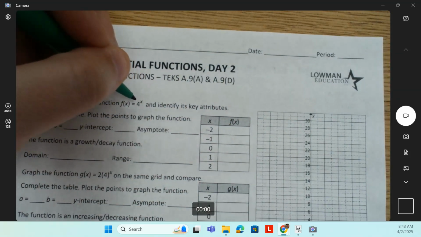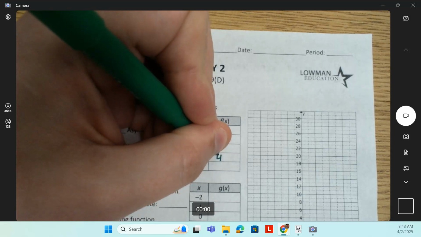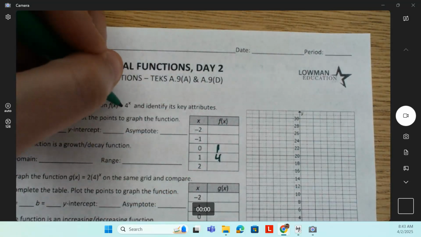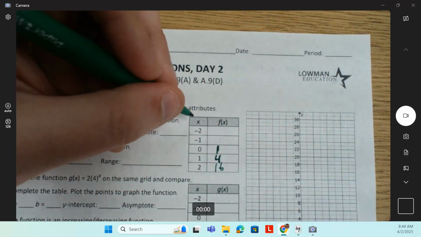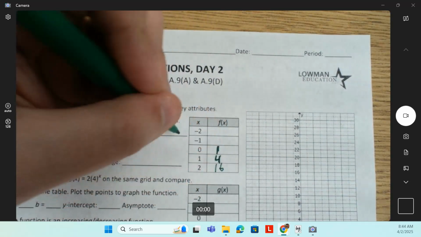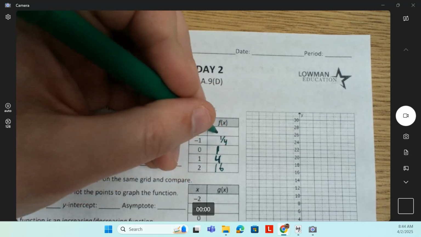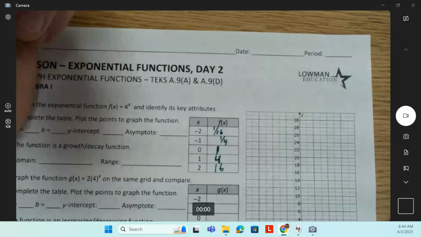Starting with 0 power, we know that's always going to be 1. First power would be 4. Then 4 to the second, so 4 squared would be 16. So if we go back the other way, negative 1 then would be 1 over 4. And the negative 2 power would be 1 over 16.